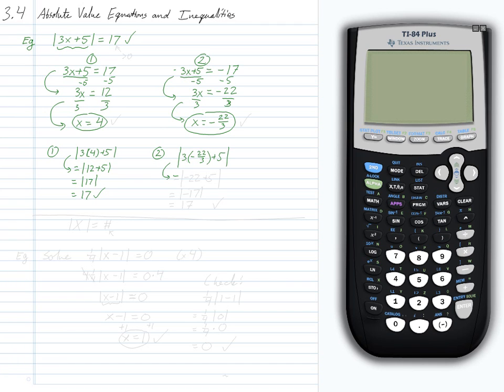Well, that's equal to the absolute value of, we can cancel our 3's, negative 22 plus 5. Well, that's the absolute value of negative 17, which also gives us 17. So those two x values are our solutions.